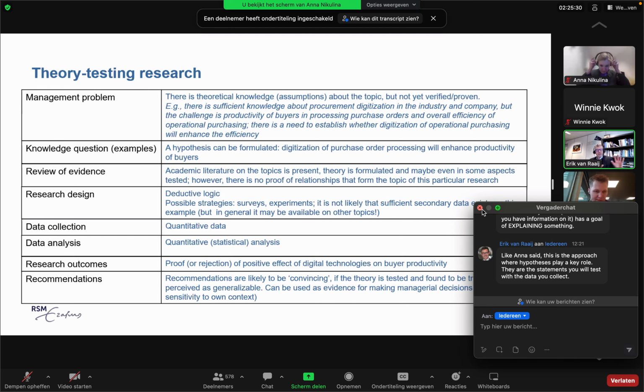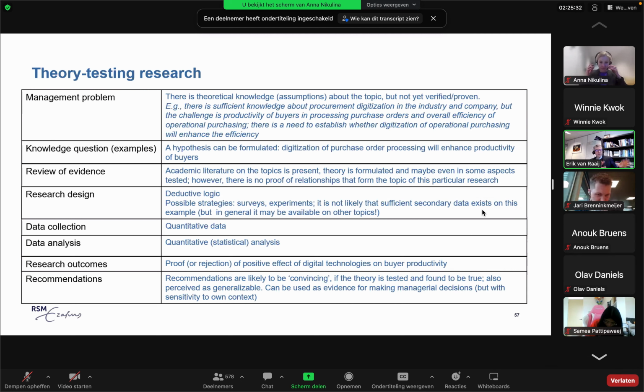Like we saw in the beginning with the exploratory descriptive, we could not make very strong recommendations. We were just describing. We moved into theory building, where it already became a bit more convincing. But here you're really showing with quantitative data whether or not a certain relationship is true. So the type of recommendation that you can give here is much more convincing to managers.